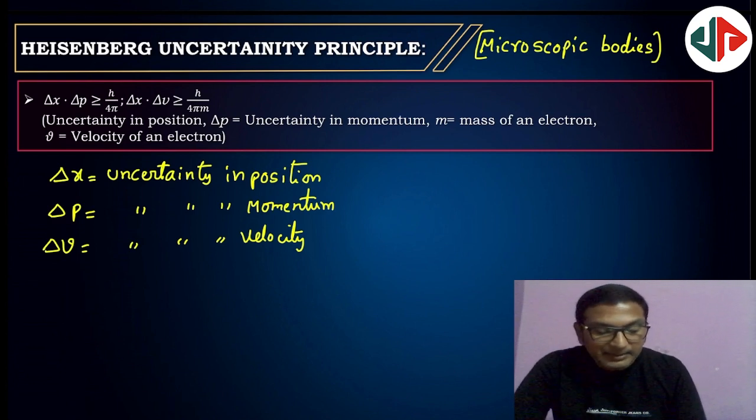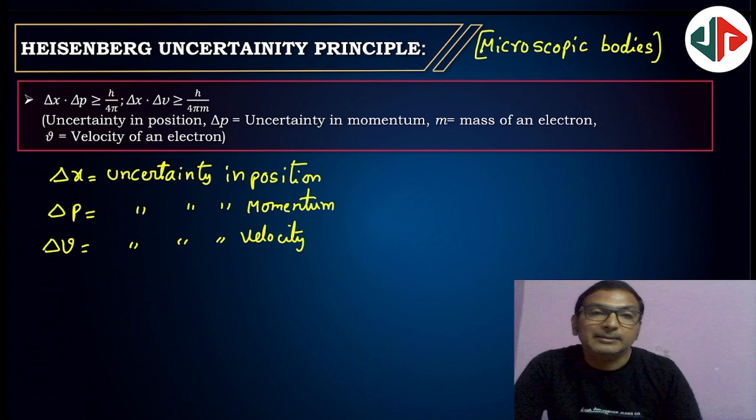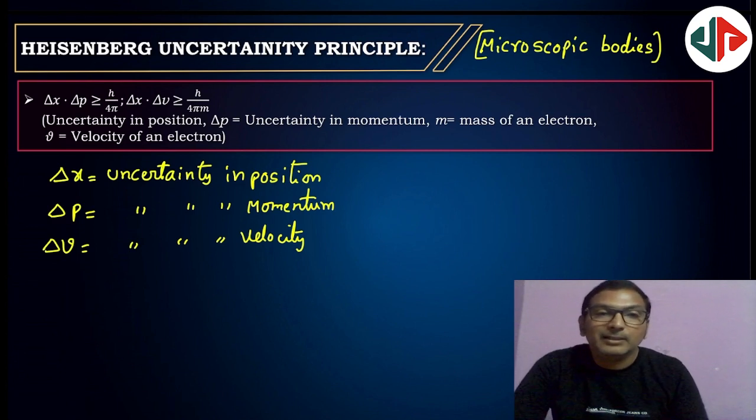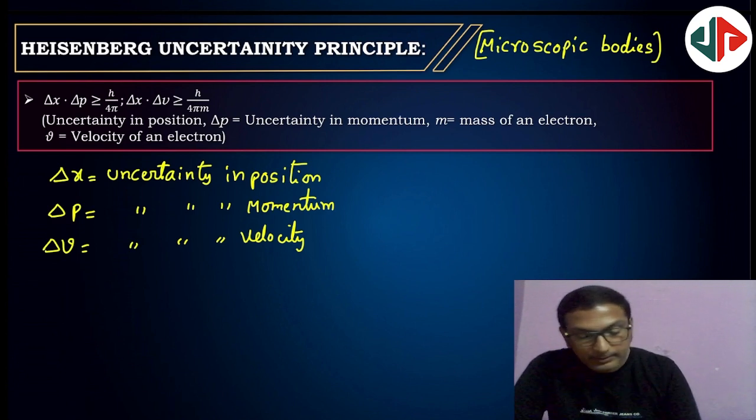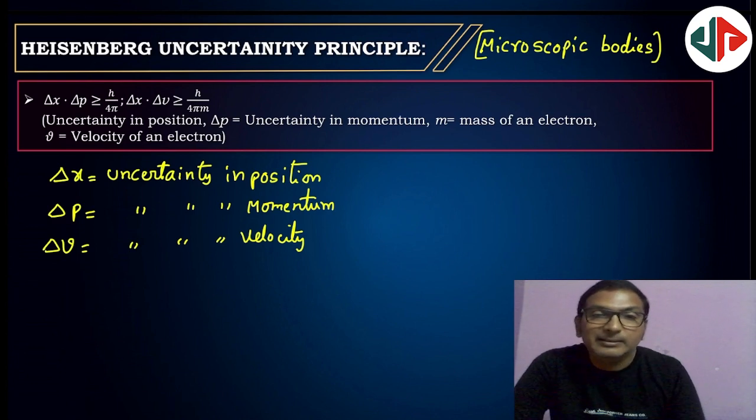Now m is mass of material particle. So direct questions will be there on this topic. Simple topic only. Here h by 4 pi is the minimum value.